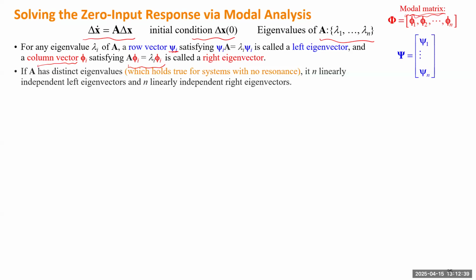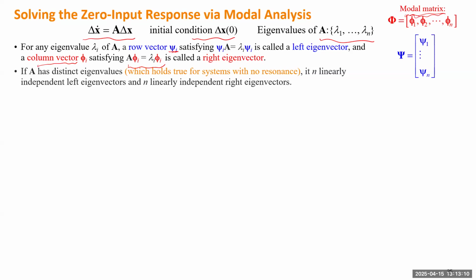So if the A matrix has all distinct eigenvalues, this can easily be true for any well-designed engineering system. Because when you design an engineering system, you first need to avoid any resonance. Resonance means that the system is not designed well, so one part is oscillating against the other part. Their modes will have some very simple relationship.